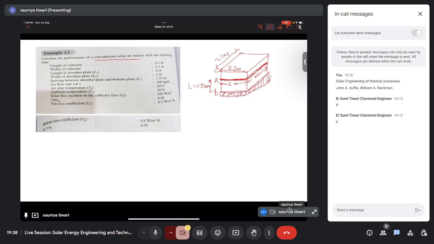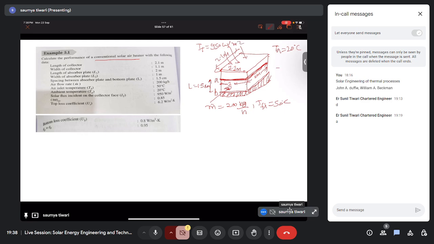The air flow rate. Some air is flowing, so the mass flow rate is given to be 200 kg per hour at an air inlet temperature of 50 degrees Celsius. Your ambient temperature is 20 degrees Celsius, and your incident solar flux is 950 watt per meter square.